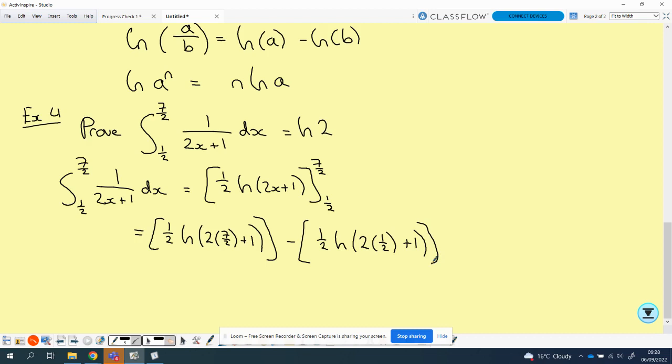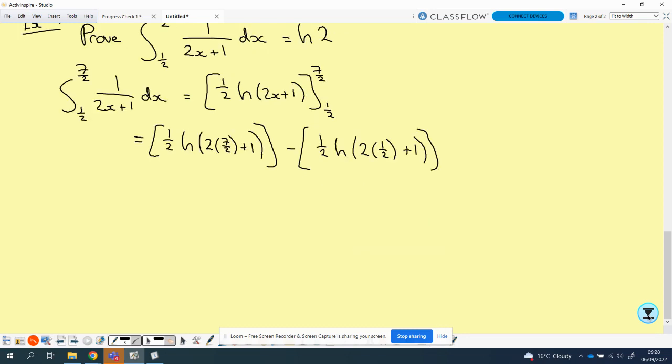Like that there. Okay, so I've just substituted our two limits in. Okay, let's tidy up the bits in the brackets first. So I'm going to get a half log, okay, well 2 times 7 over 2 is just 7 plus the 1, that's going to be log 8 minus a half log, okay, 2 lots of a half is just 1 plus another 1, I get log 2.